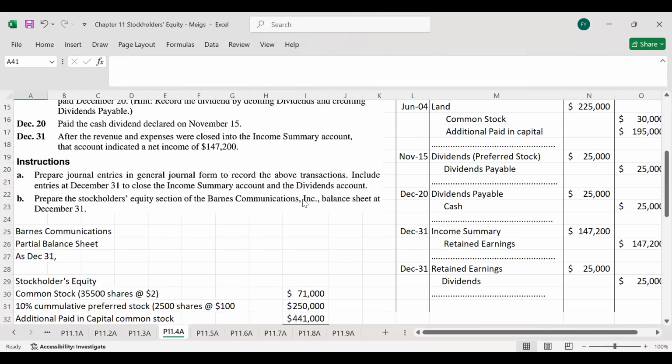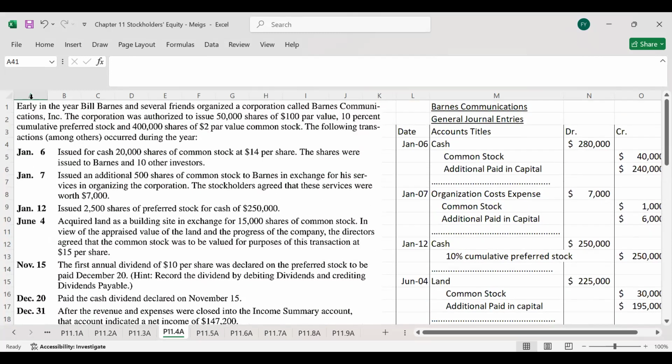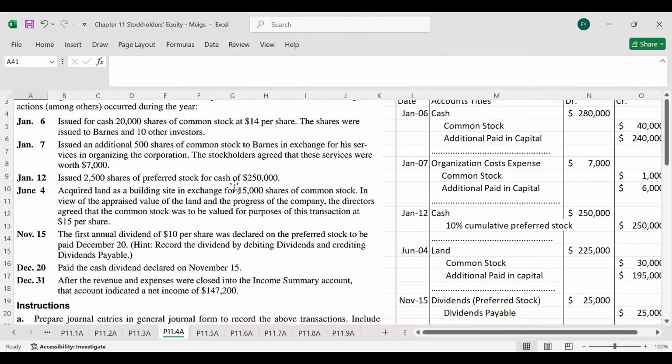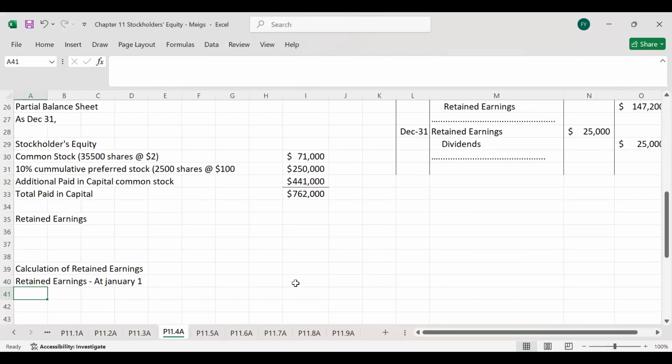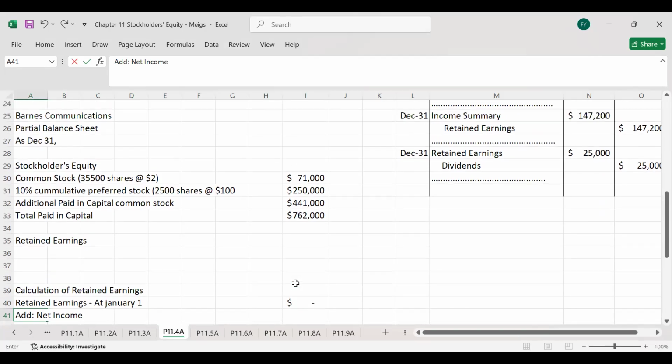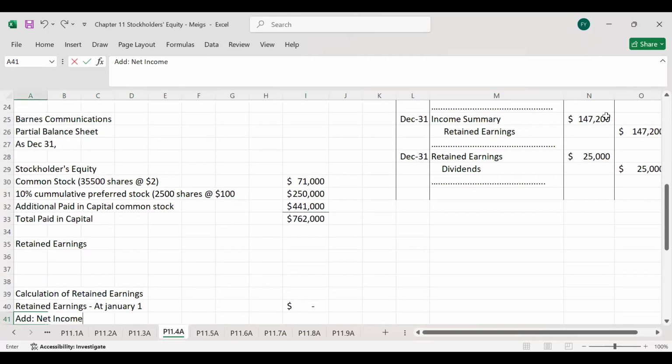So we do not have any opening retained earning, because this is the first year of corporation, the corporation organized in this year. So it is 0. Then we add profit in it, add net income, which is given, which we have closed in the retained earning account. You can see this is 147,200. So it is given.